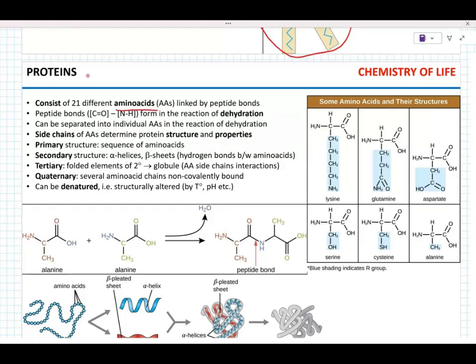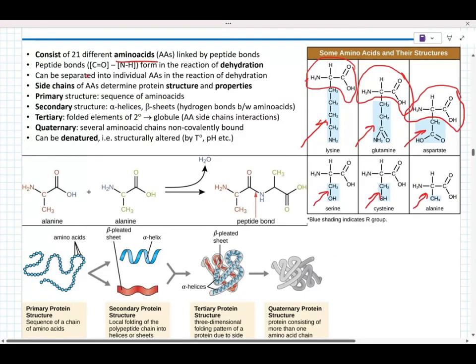If you look at amino acids on the right-hand side, you will see that they all have the same skeleton, the same part, and then they differ by their side chains, highlighted here in blue. So this difference in side chains has a very important consequence from the functional standpoint.